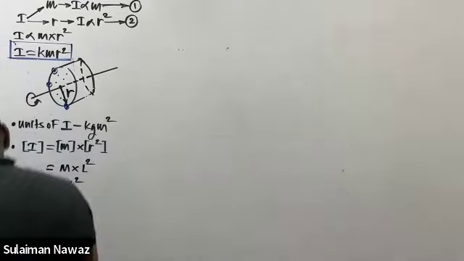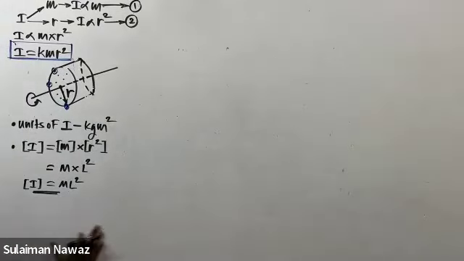Now this diagram, now there is a small point mass rotating in a circle of radius simple r, right?